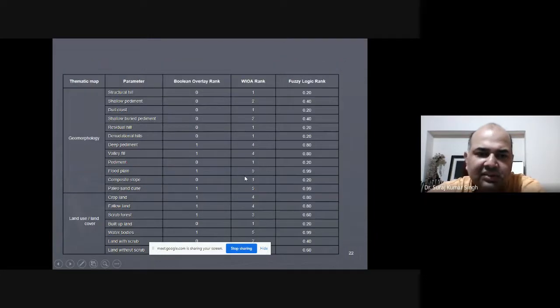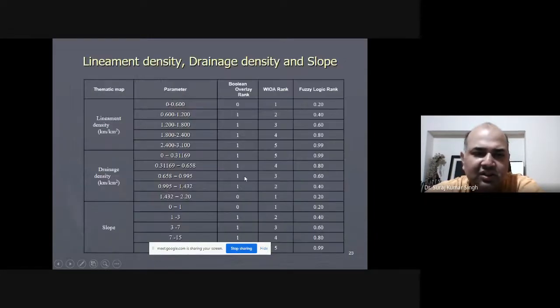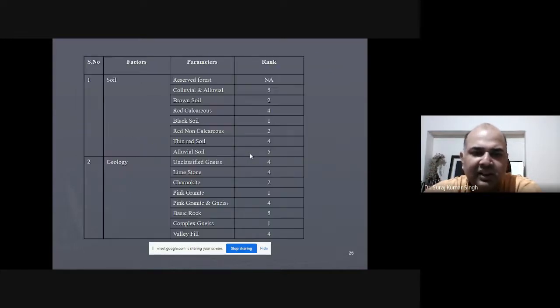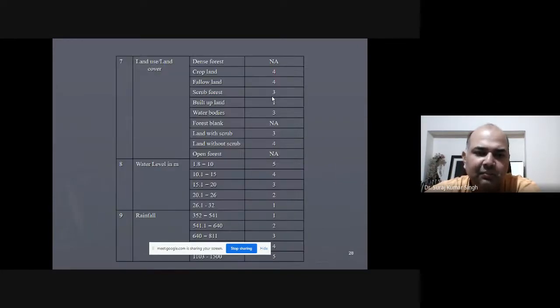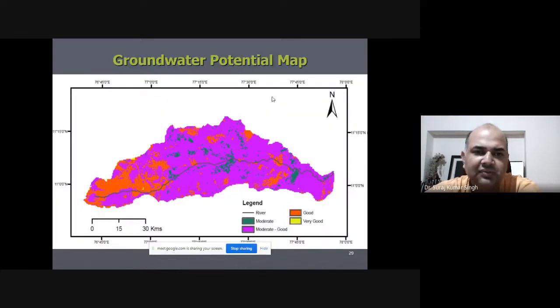What are the ranks? You can see all these statistical relationships that we'll be performing using the layers that we have generated in GIS, and then we'll be providing the ranks to each and every unit that we have classified. And finally, we'll be coming up with the final ranks of each and every unit of that area pertaining to the classification that we are going to do.